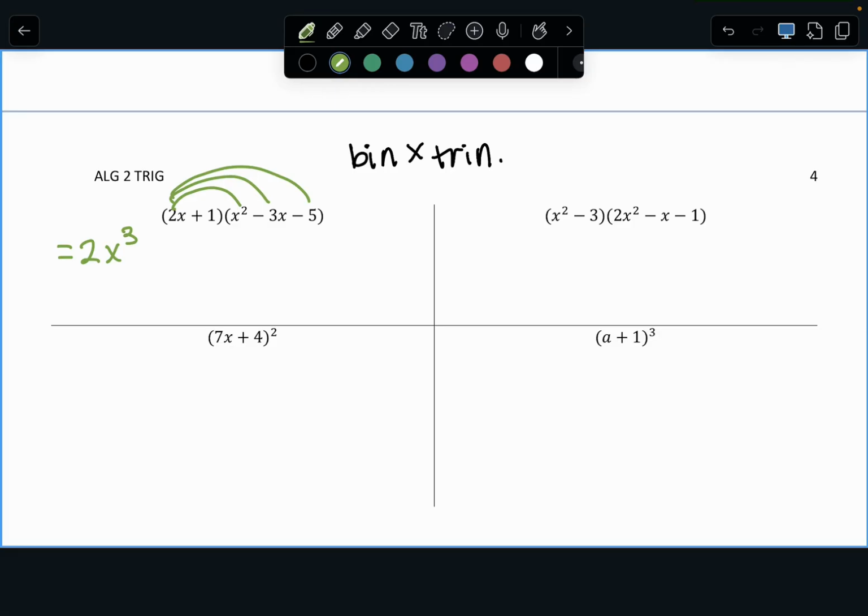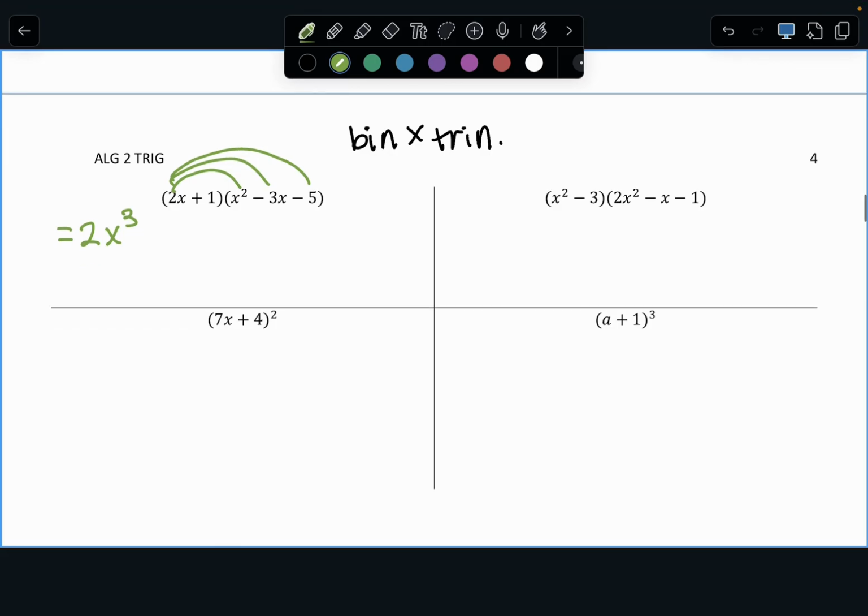So that handles this piece. Then, bless you, 2x times negative 3x is negative 6x squared. And then 2x times negative 5 is negative 10x. So I just take my first term and I multiply it by every term of my second polynomial.